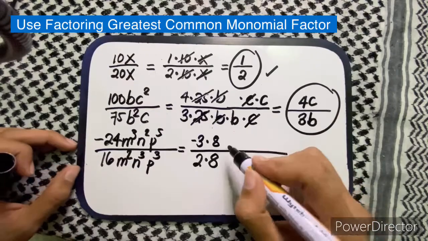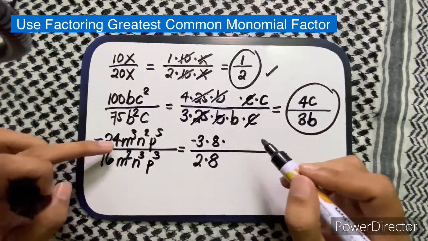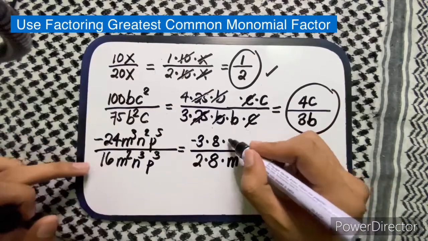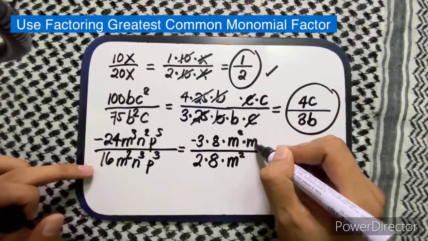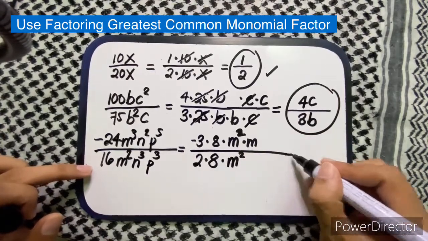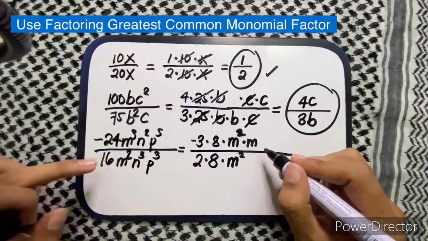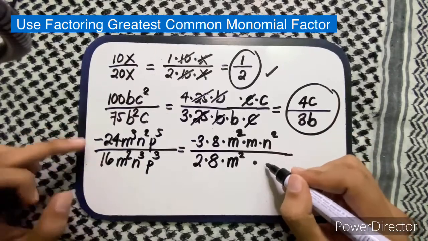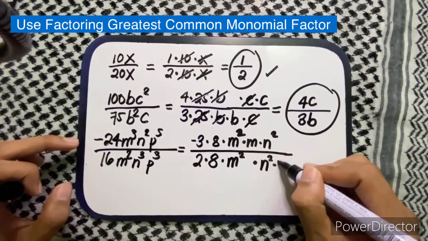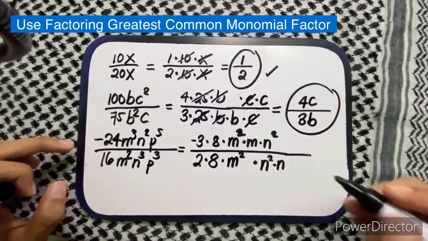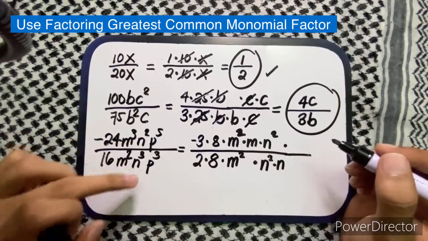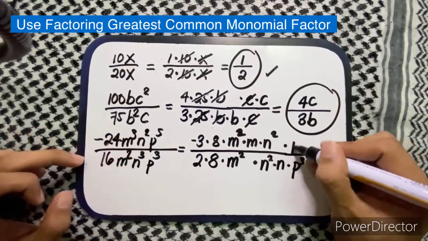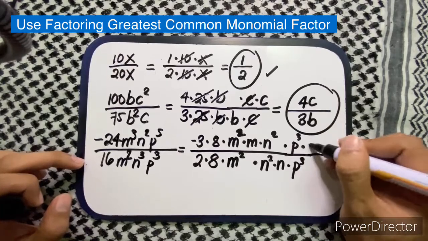We have m cubed and m squared. Copy m squared, then m cubed becomes m squared times m. Next, n squared and n cubed. Copy n squared, and n cubed becomes n squared times n. Next, p raised to 5 and p cubed. Copy p cubed, then p raised to 5 becomes p cubed times p squared.